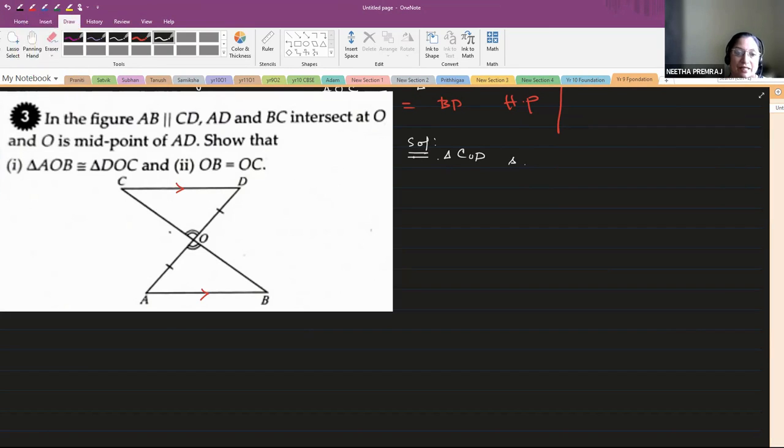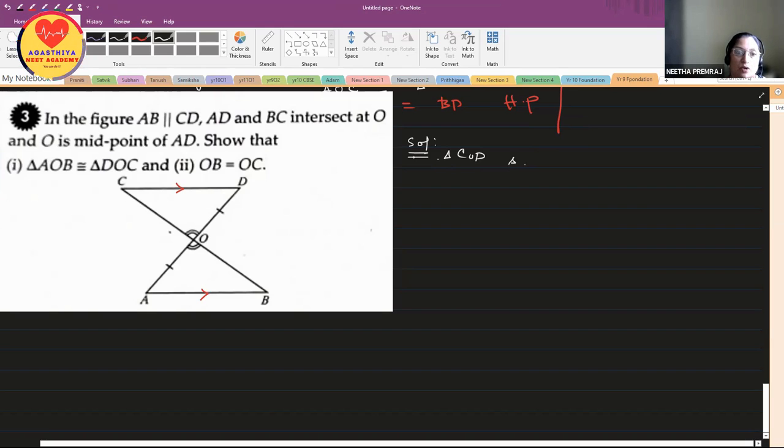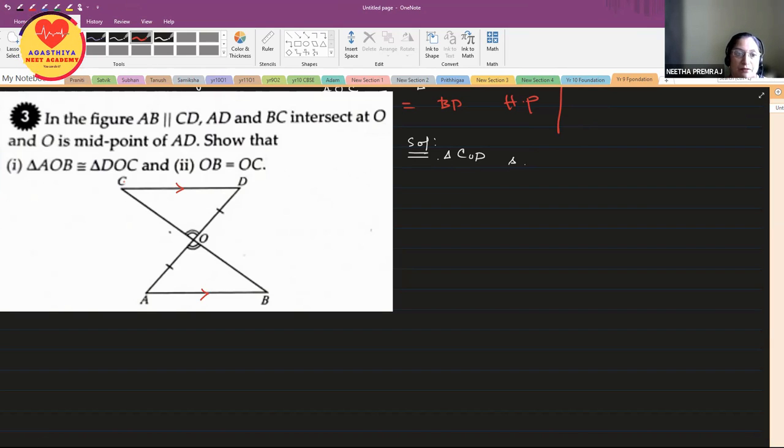It is better if you take COD, then you take BOA, triangle BOA. Now tell me what is given in the sum. It is given midpoint, so OD is equal to OA, isn't it? OD is equal to OA and angle COD is equal to angle BOA.